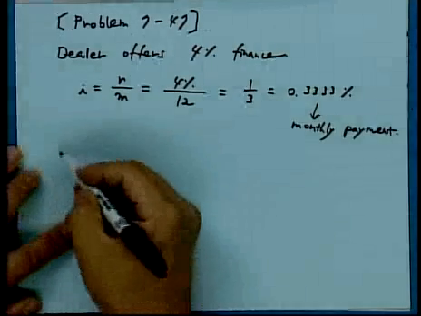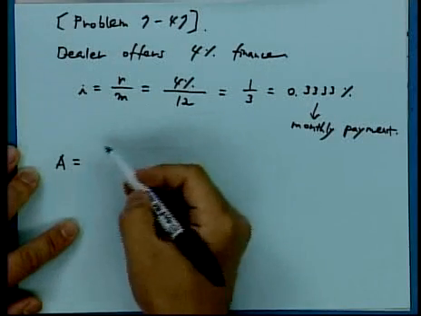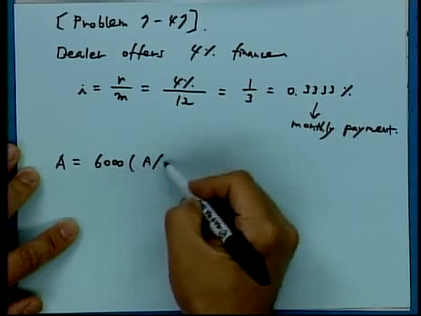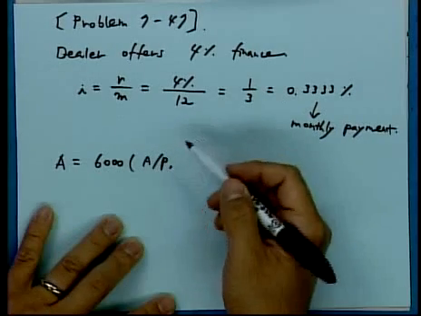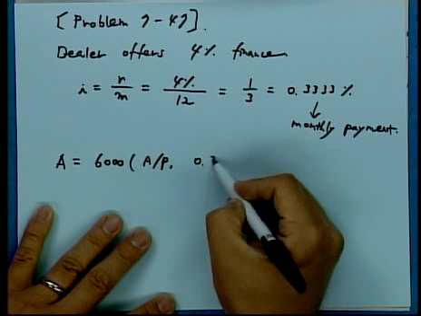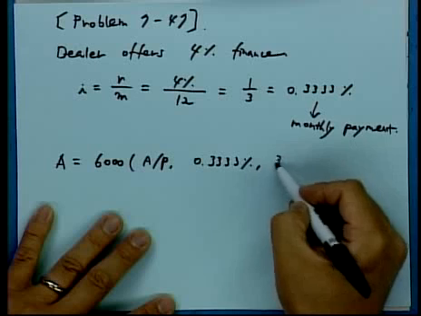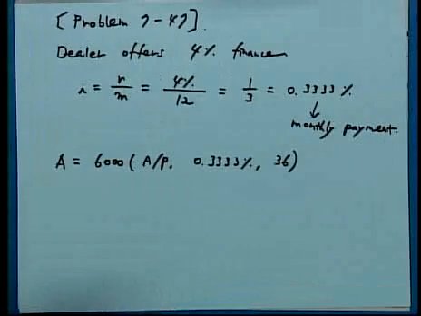So now we have A equals $6,000, A given P, 0.3333% over 36 months, right?